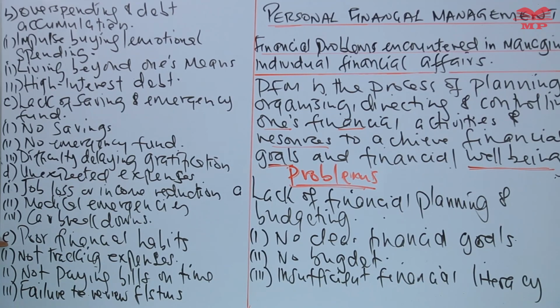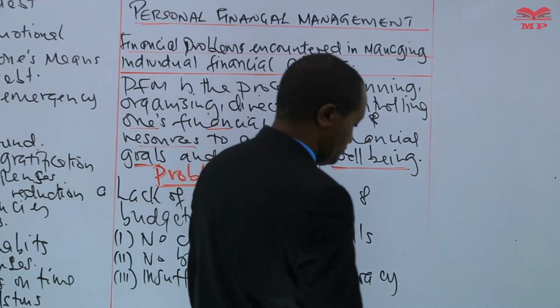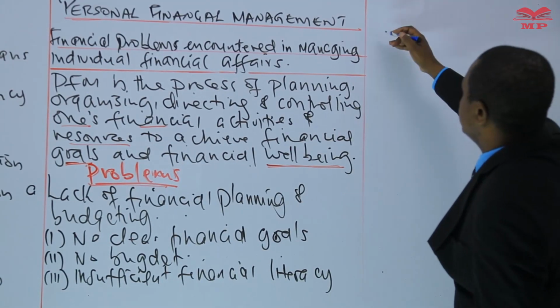This is the fifth category. The sixth category is limited financial resources.